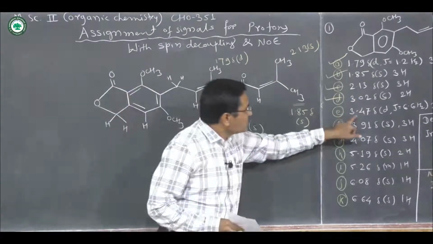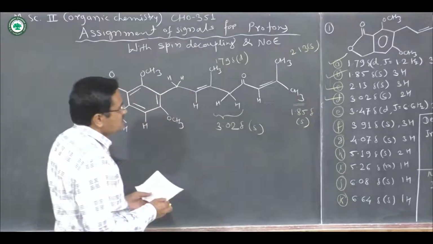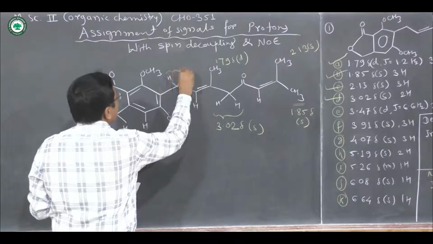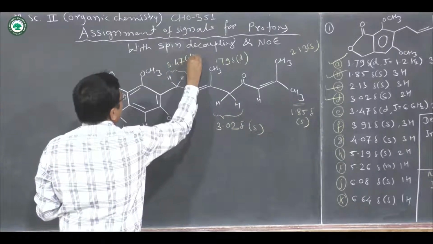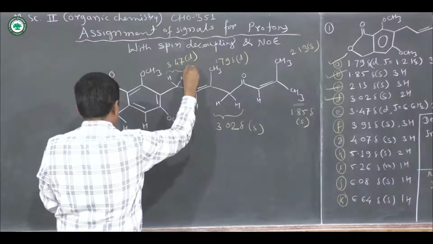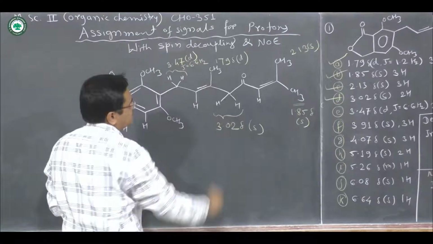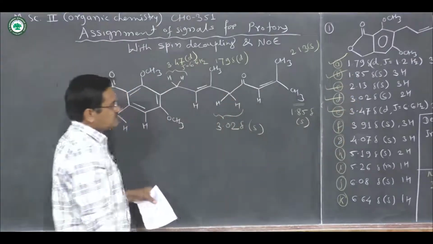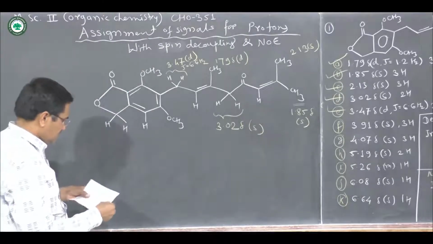Then 3.47 is a doublet, J equals 6.6 Hertz. Now it is assigned. Then 3.91 is a singlet for 3 hydrogens.